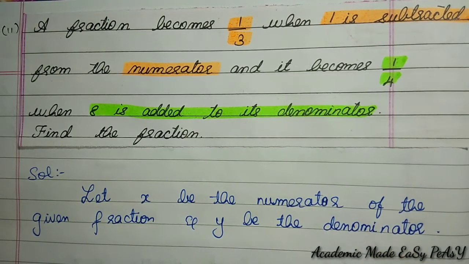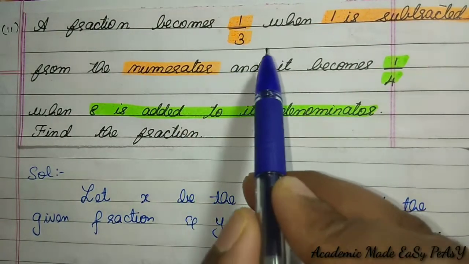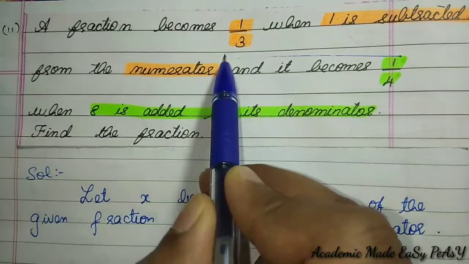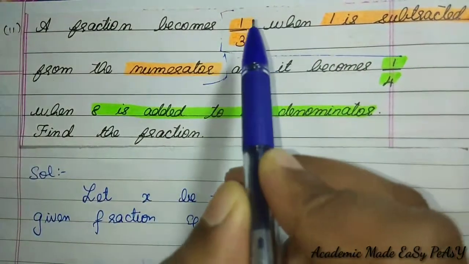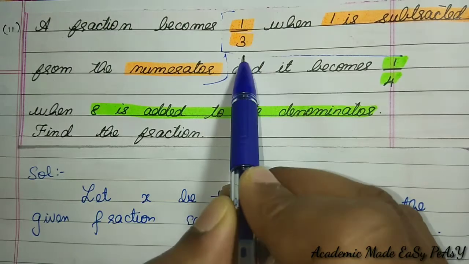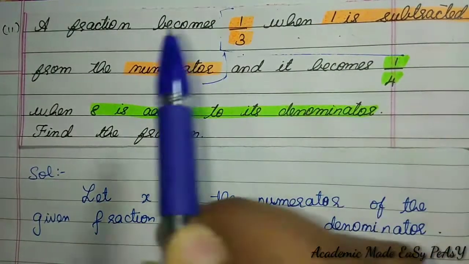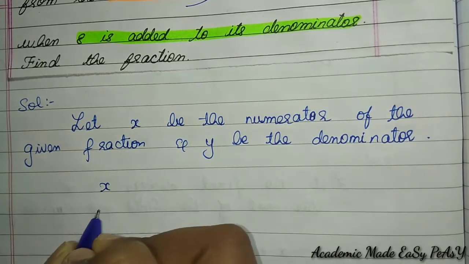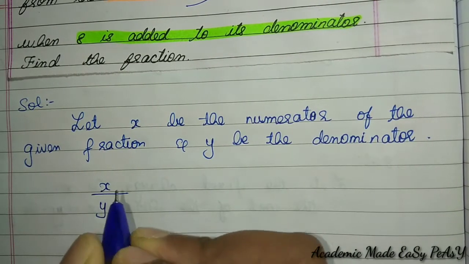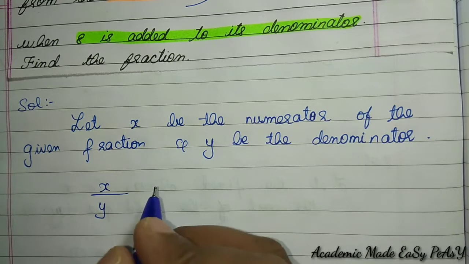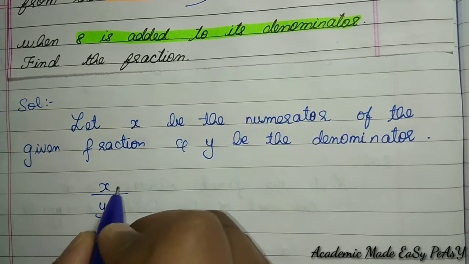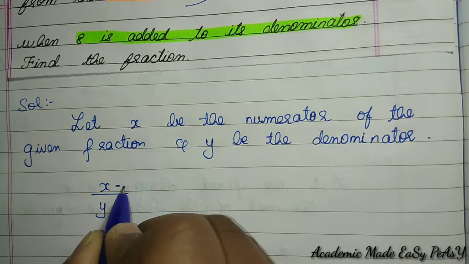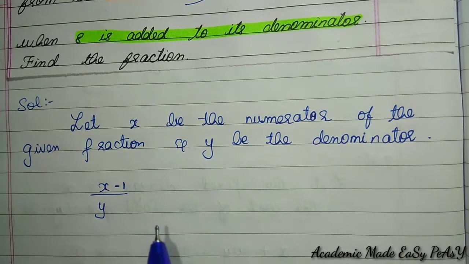So now for the given equations, there are two sets of statements. First set let me take. So my fraction becomes 1 by 3 when 1 is subtracted from the numerator. So let me write x by y itself. So what is given? I have to subtract 1 from the numerator. So I will have x minus 1 by y.